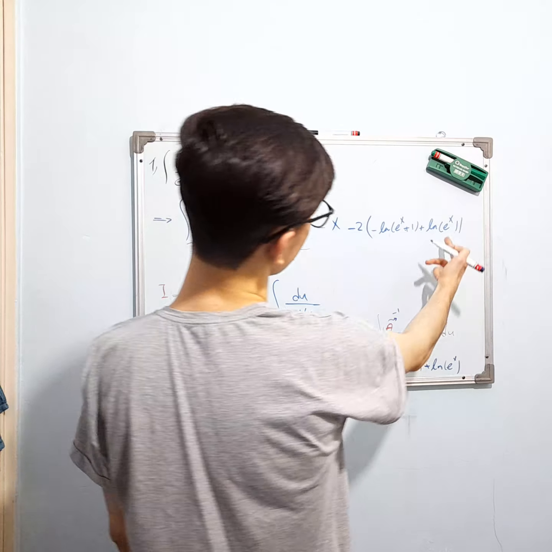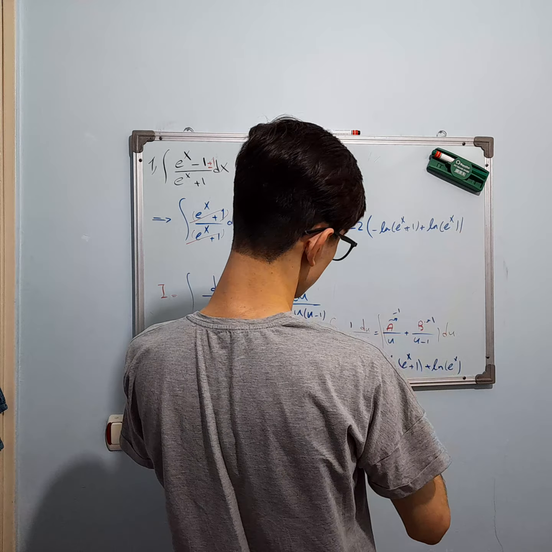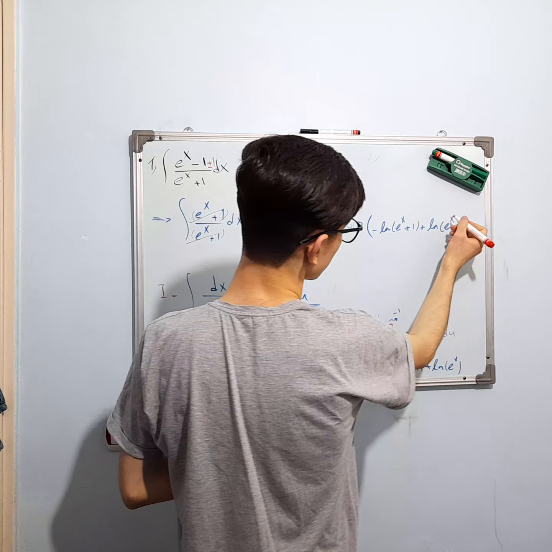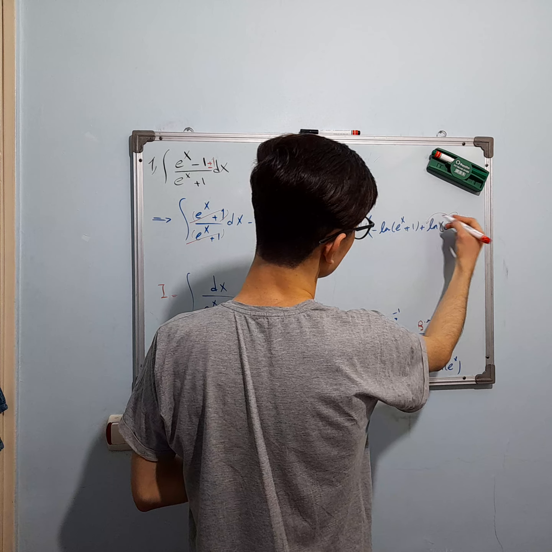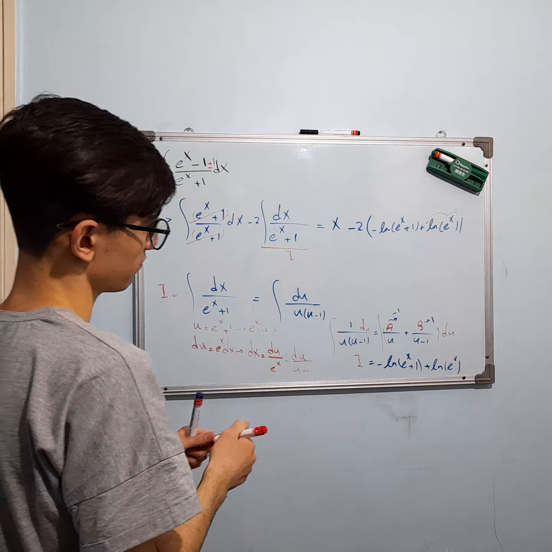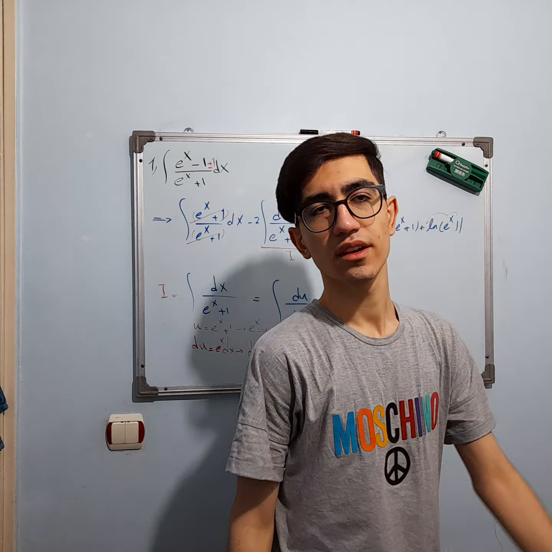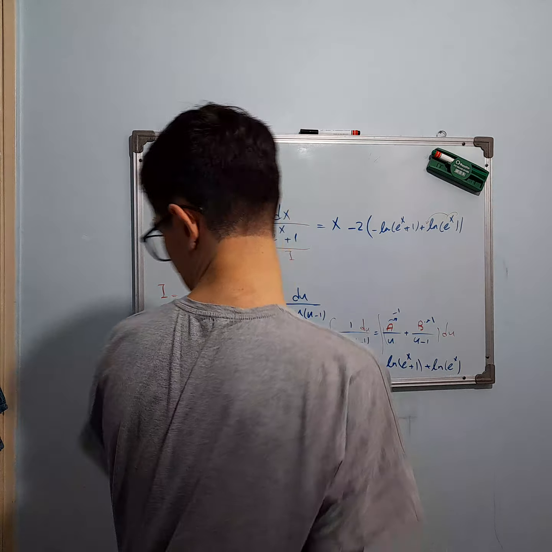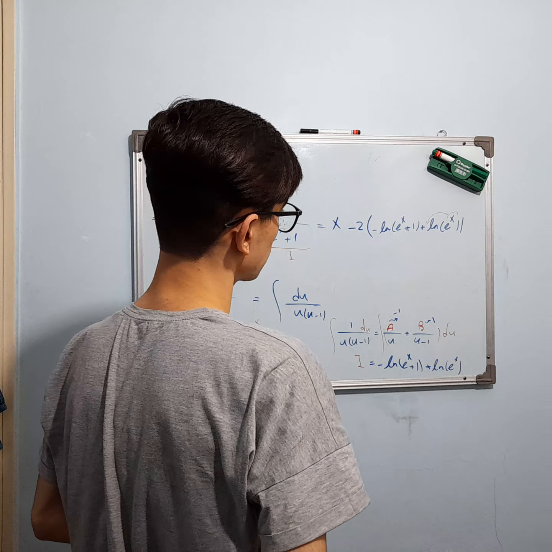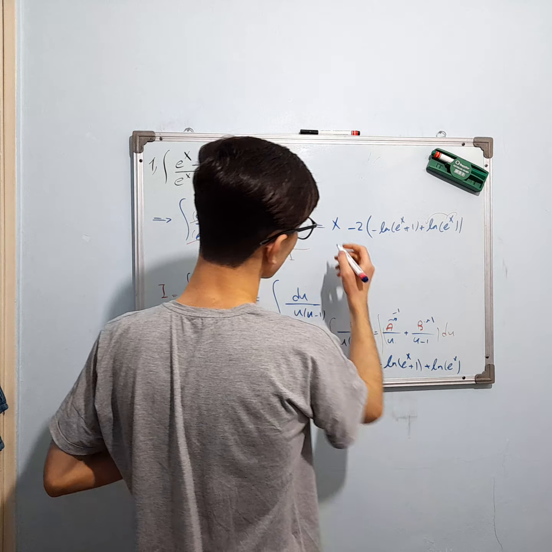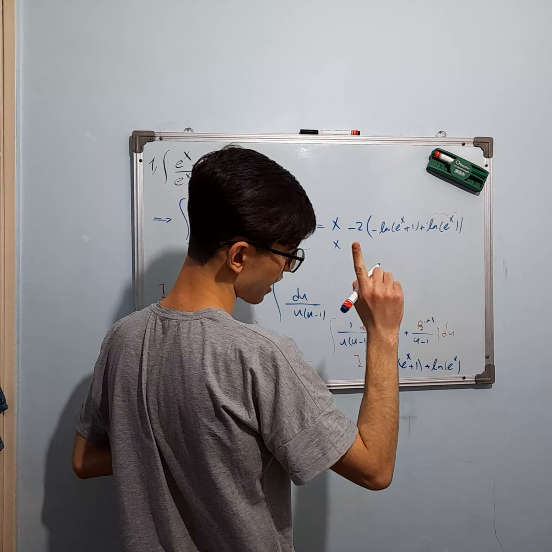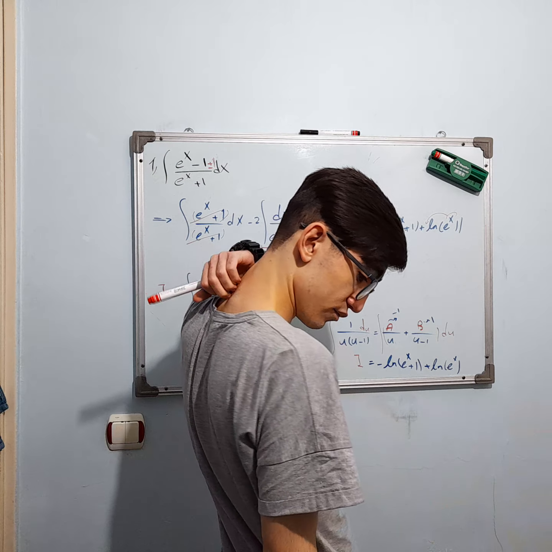See guys, I can bring x from here to this place, and you know the laws of logarithm. It's clear and easy. So now we have, and finally we shouldn't forget the c.